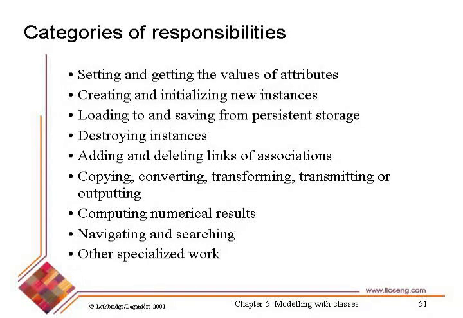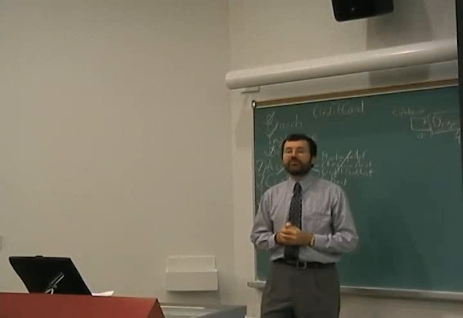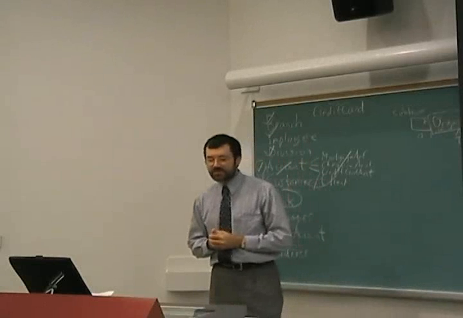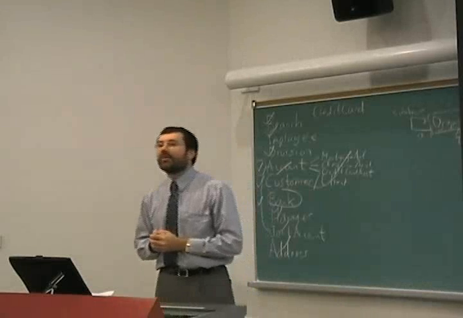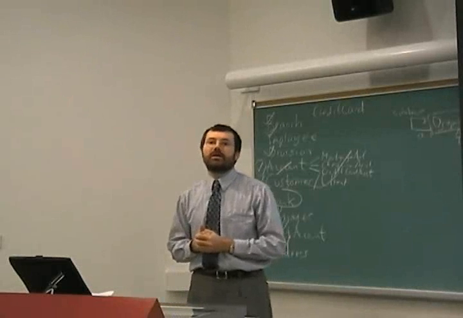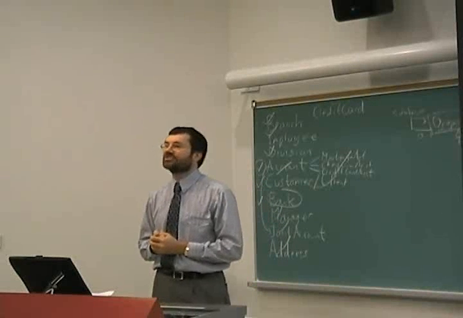Computing numerical results, how many, or what's the average, or the standard deviation, or the sum, things like that. Navigating and searching, very important, very essential. All the kinds of queries that you might want to do in the model, like how many students are enrolled in this course that took its immediate prerequisites last year.